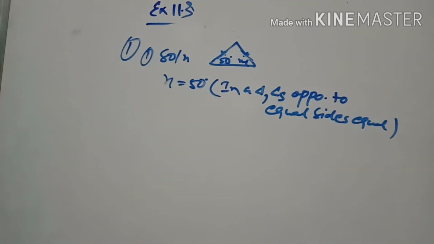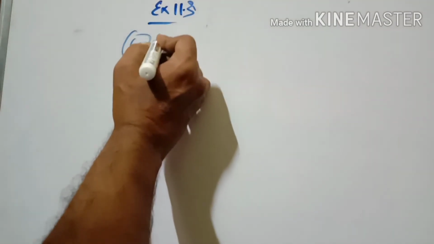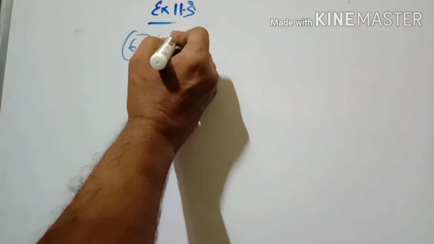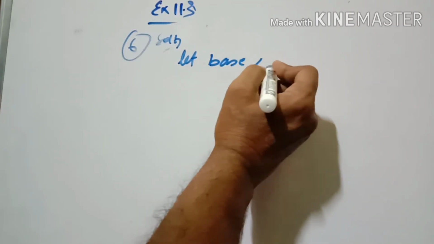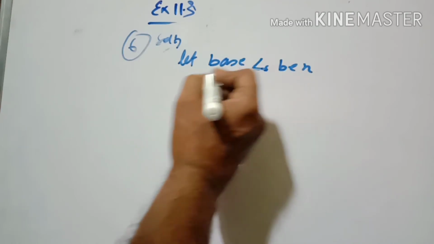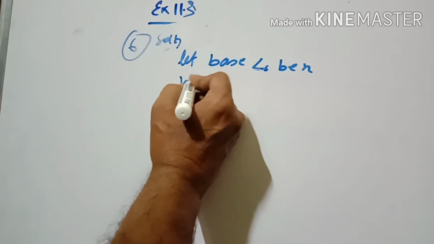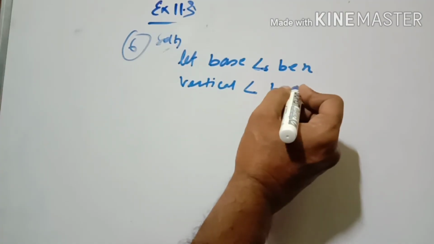Write down please. Now question number 6, it is given in an isosceles triangle a base angle is 4 times its vertical angle. Find all the angles of the triangle. First of all, write down solution. Let base angle be x and vertical angle be y.